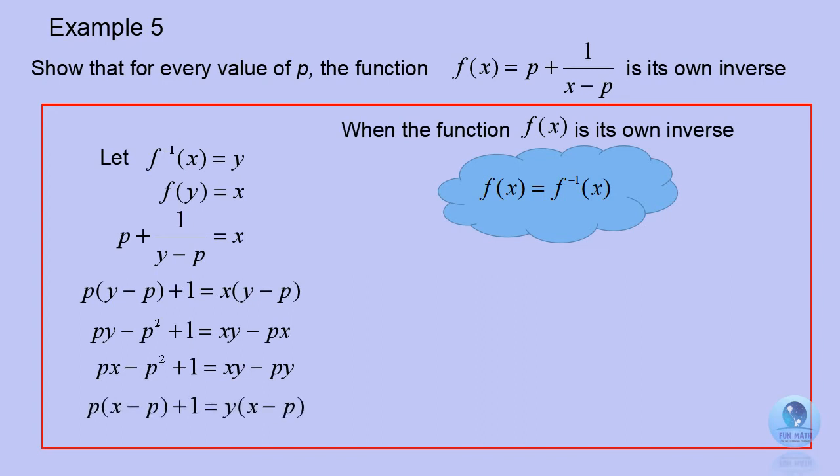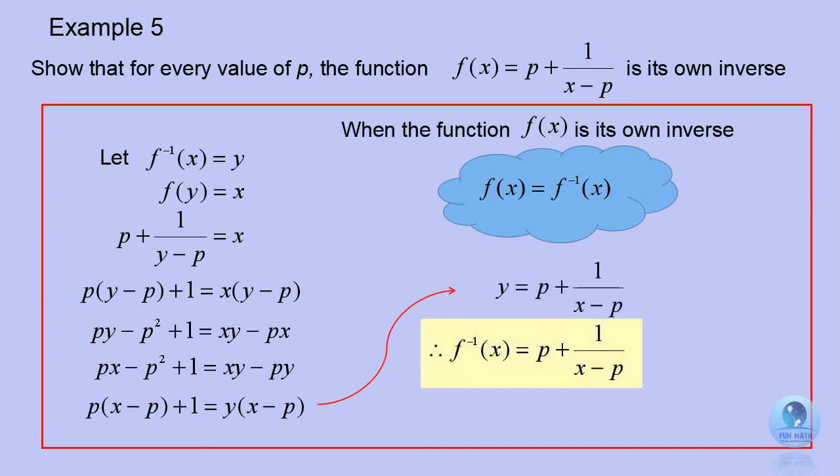So, take out (x minus p) from this equation. You get p multiplied by (x minus p) plus 1 equals y multiplied by (x minus p). And you should get the final answer, f inverse of x equals (p plus 1) divided by (x minus p), and therefore f of x equals f inverse of x.